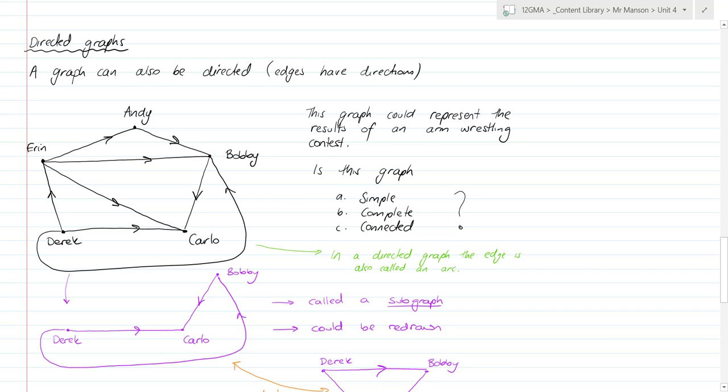So this graph has arrows. That means that Bobby is not connected to Andy, but Andy is connected to Bobby. This graph could represent a situation where they're all playing in a tournament, and so Andy beat Bobby, Bobby didn't beat Andy. And Aaron beat Andy, and Aaron beat Bobby, and Aaron beat Carlo, but Derek beat Aaron.